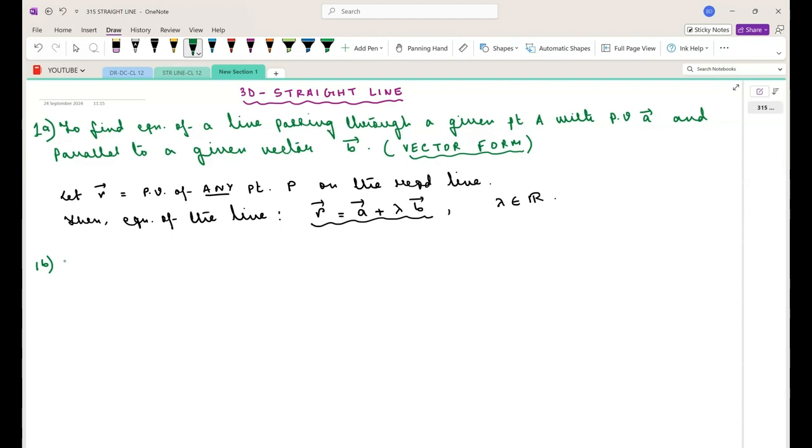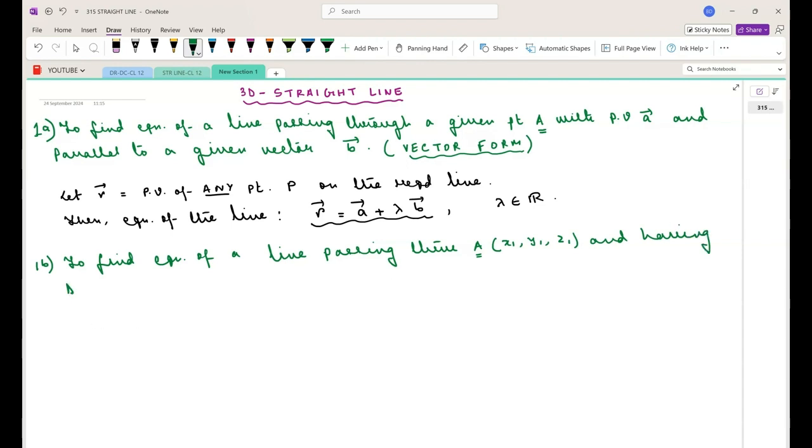Here, what we are trying to do is to find the equation of a line passing through a point A. I've kept the naming same, A, but this time it is Cartesian, so the coordinates are x1, y1, z1, and having direction ratios A, B, C. So the line whose equation we want to find, the DRs of that line are A, B, C, and it passes through a point A whose coordinates are x1, y1, z1. This is a given condition.